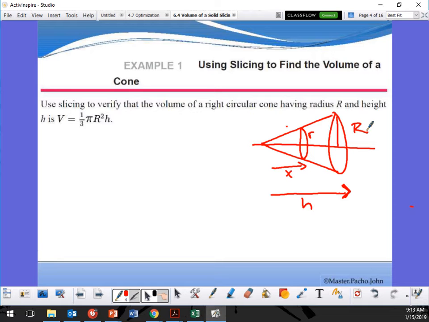So we're going to do this by setting up a proportion. I know that, let's say, r over x should be proportional to what? Big R over H. Yes? Okay.